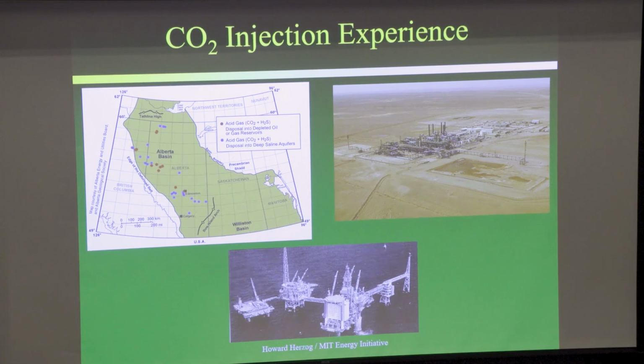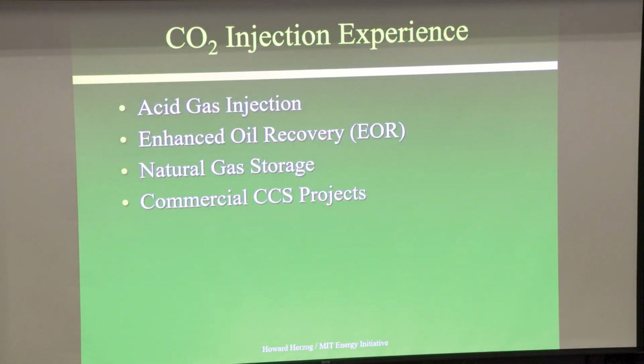So your acid gases, a combination of H2S and CO2, the red dots show disposal into depleted reservoirs, the blue dots into these deep saline aquifers. This has been going on for 40, 50 years up in Canada, though not quite at the scale we're going to expect from carbon capture, where the numbers are bigger.